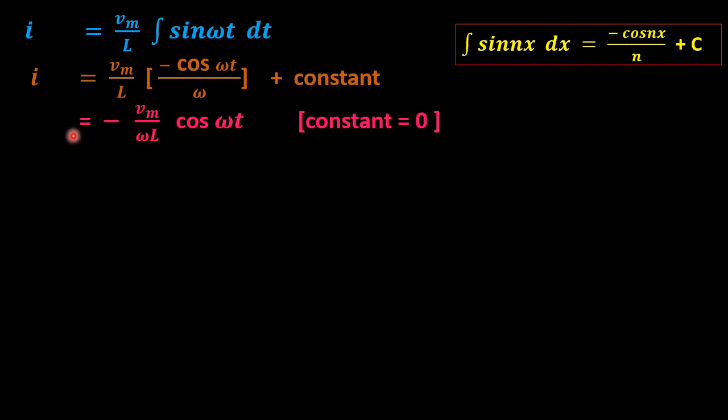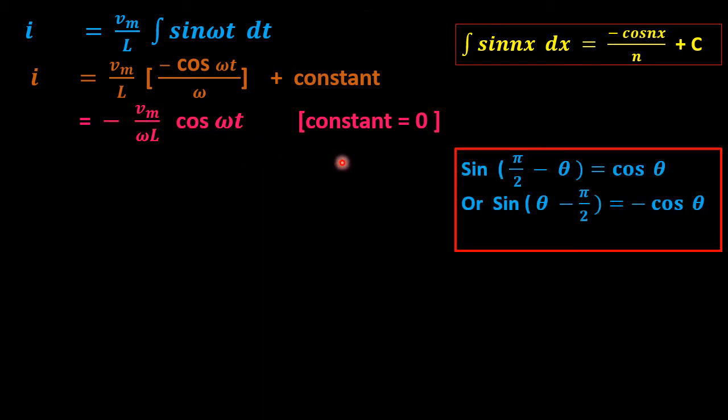Now the expression for the current that we have got is in terms of cos. So we have to write the expression for the current in terms of sine. This can be done by converting cos to sine, using a trigonometric formula. This is the formula which converts cos to sine. If cos theta is converted into sine, then we write sine of 90 degrees minus theta, where pi by 2 is 90 degrees.